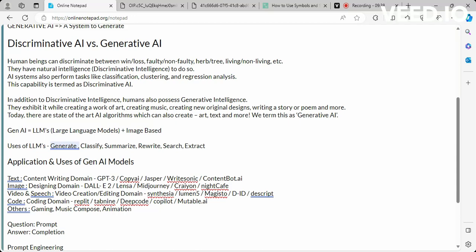In recent times we have seen this in the content creation domain, designing domain, video creation and editing domain, and coding domain also. Programmers are many using Tabnine for generation of code, and for other things like gaming, music composing, and animations also they are using AIs.